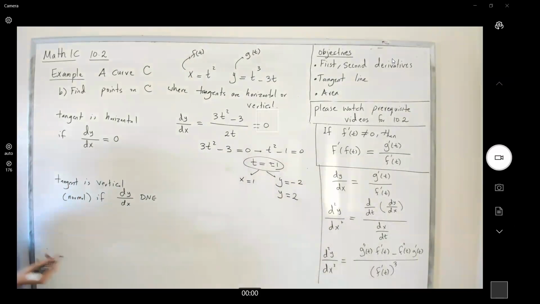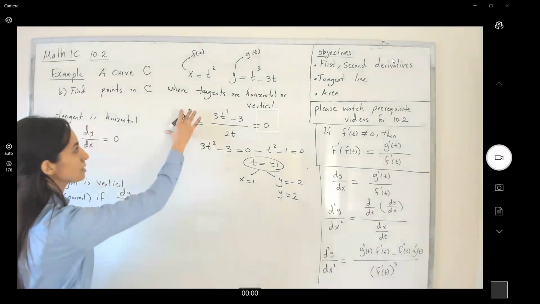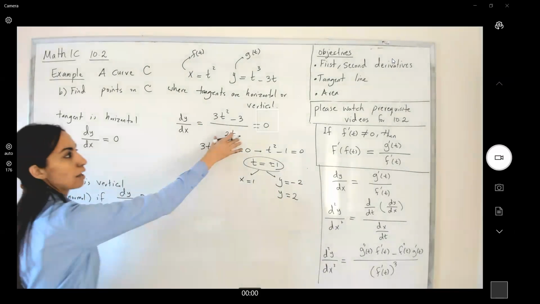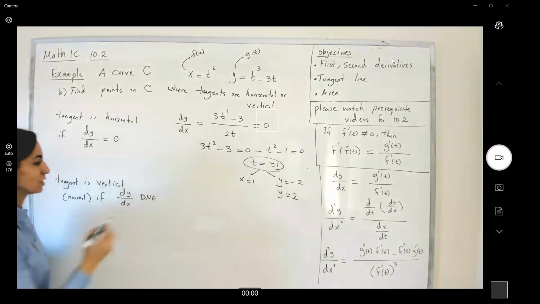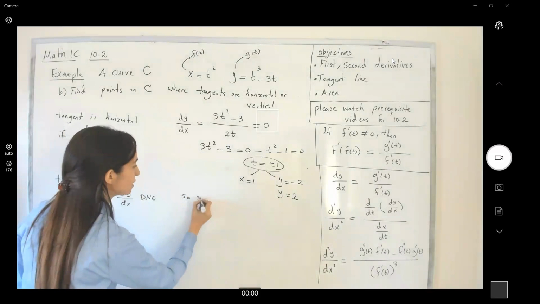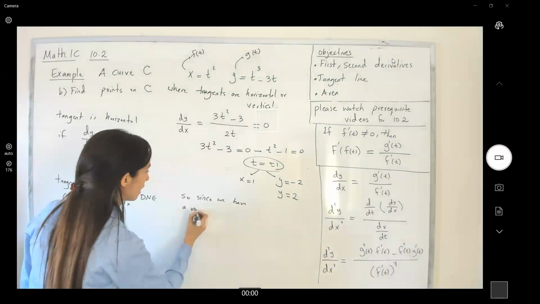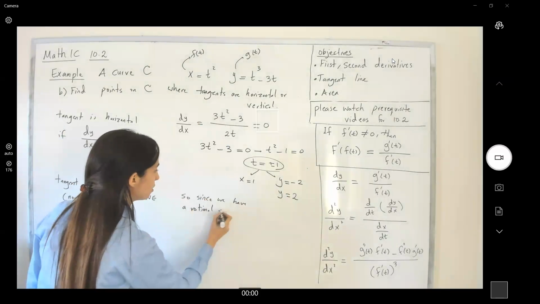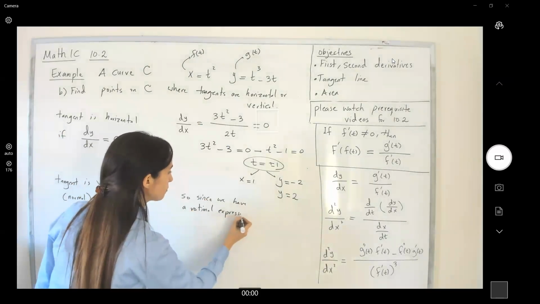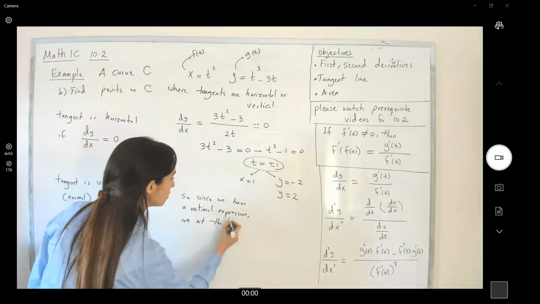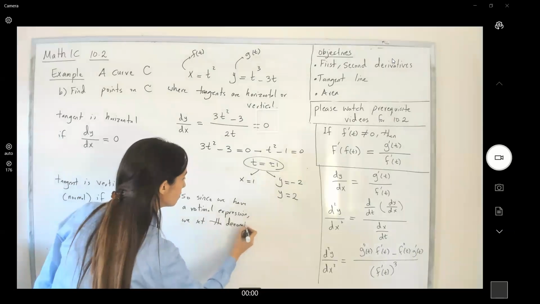And the tangent is vertical or normal when the first derivative of the function doesn't exist. It means that when you look at the derivative of the function, the denominator is equal to 0. So since we have a rational expression, we set the denominator equal to 0.